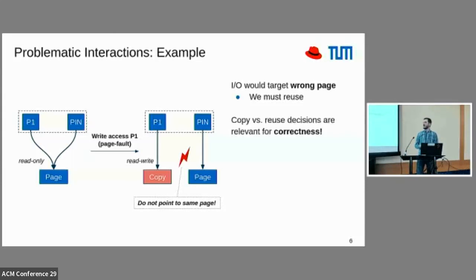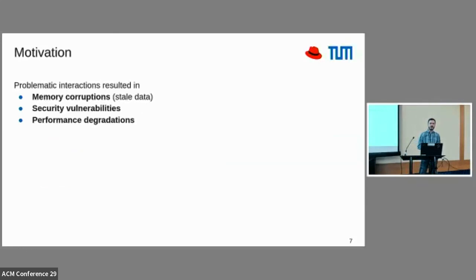And this is when you realize that when we combine both features, suddenly whether we copy or reuse a page ends up in more correctness issues, and we have to be very careful what we do. Now, motivating a bit why this is important, what we saw is that these problematic interactions repeatedly resulted in stable versions of operating systems in memory corruptions, security vulnerabilities, and performance degradations.